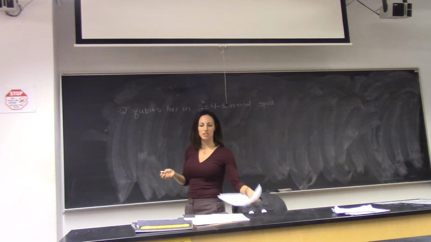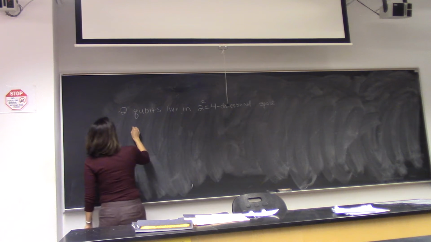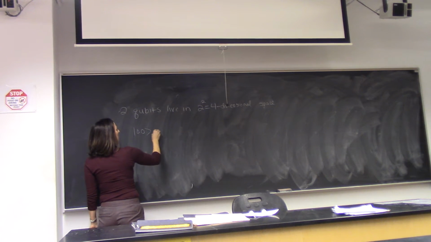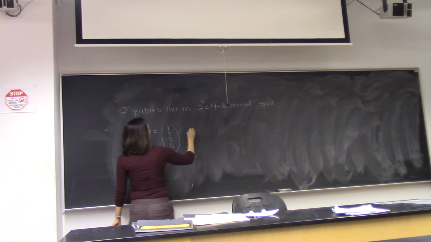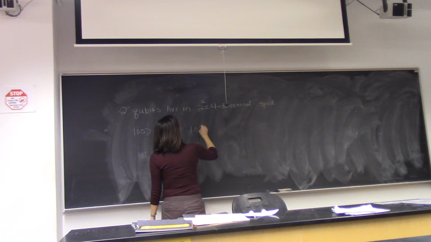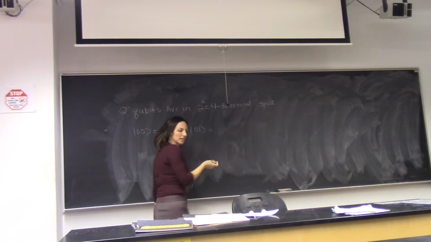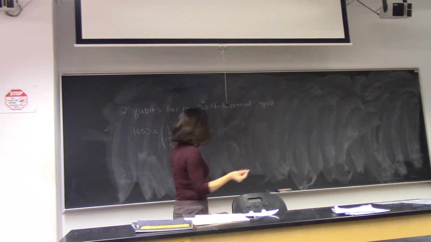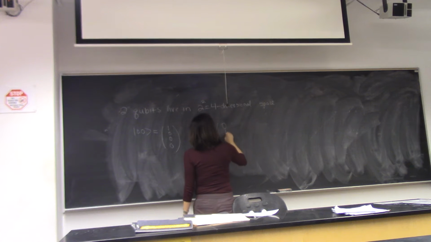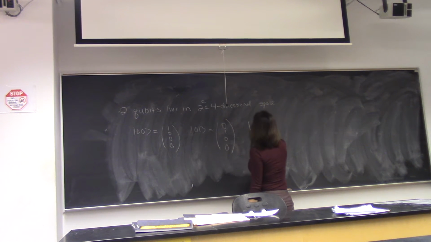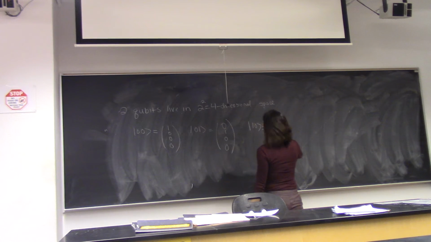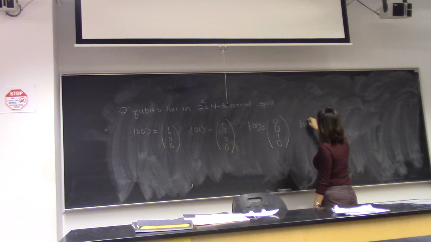And so for the Dirac notation, we would have 0, 0, and then we would have 0, 1. And let me just make sure I have it going the right way. Yep. And then we would have, let's say, 1, 0. And then we would have 1, 1.